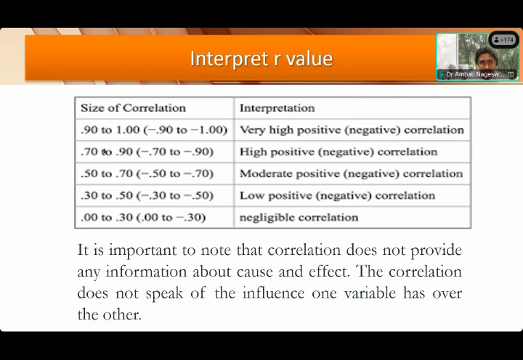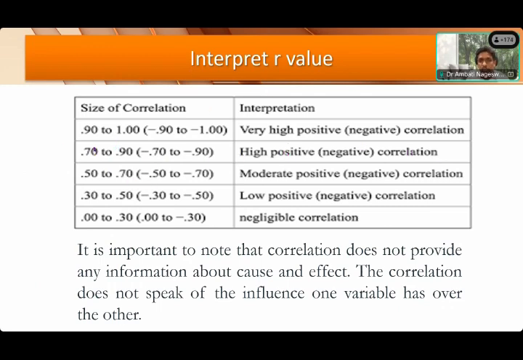Let's take, for example, this particular figure. Whatever tests you are conducting, if the final result is coming between 0.70 to 0.90, it means high positive correlation. In case it comes like minus 0.70 to minus 0.90, it means high negative correlation. So one can take plus or minus accordingly, whether it is going to be high positive or high negative correlation.